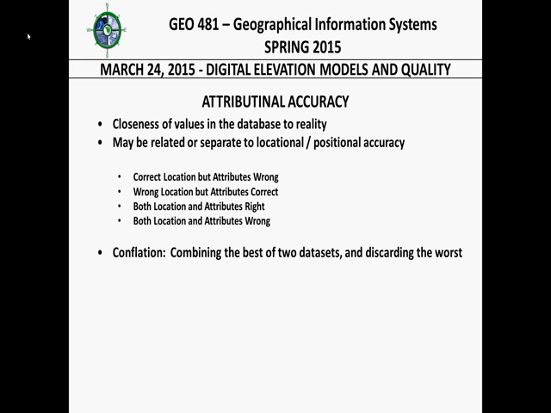Person number 2's street does that. It's not as locationally accurate, but you have more attributes about it. It's Main Street and so on. So conflation is the act, and there's some tools in ArcGIS to help with this, of taking the best of both data sets and combining them. Obviously that could introduce some error if you think about it. So taking the attributes of Main Street and attaching them to this more spatially accurate line.